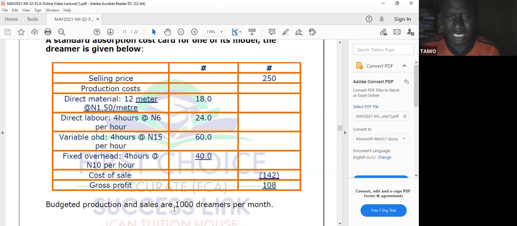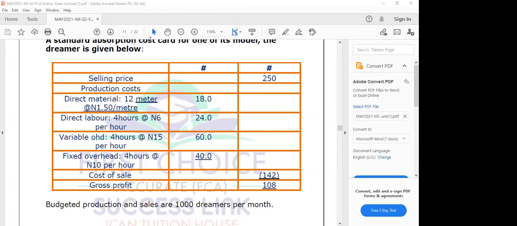But how many did you budget to produce of the product? I budgeted that, all things being equal, we are going to produce 1,000. Sorry, network issue.